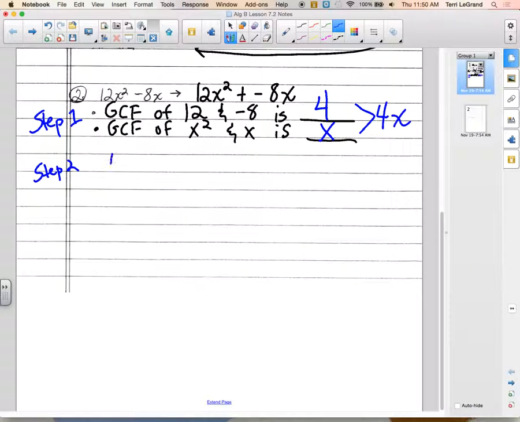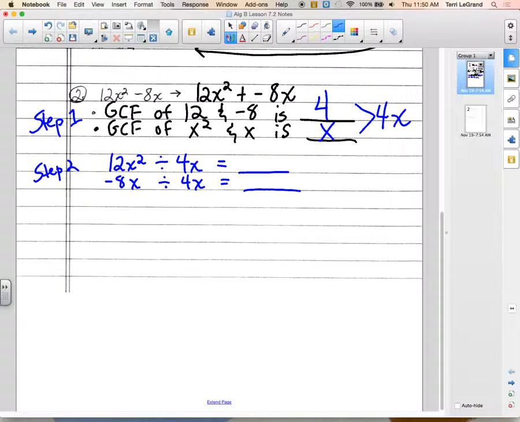So we're going to take the 12x squared, and it has to get divided by our GCF. And then our negative 8x has to get divided by the same thing, the GCF. So 12x squared divided by 4x and negative 8x divided by 4x.